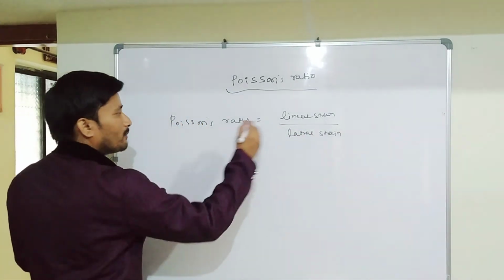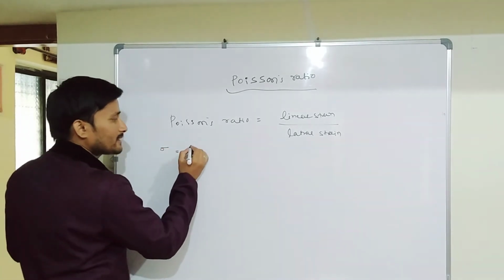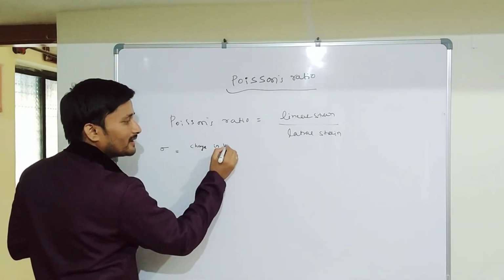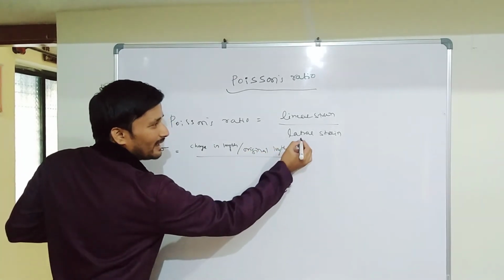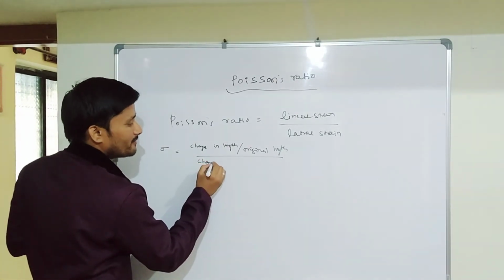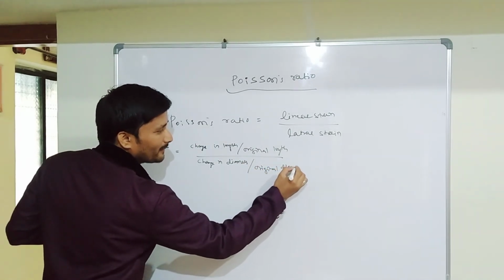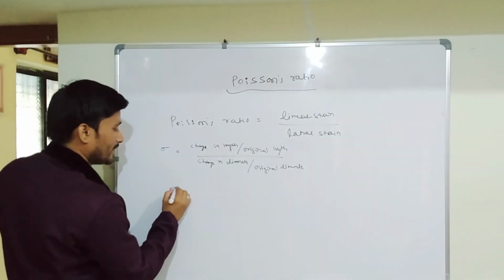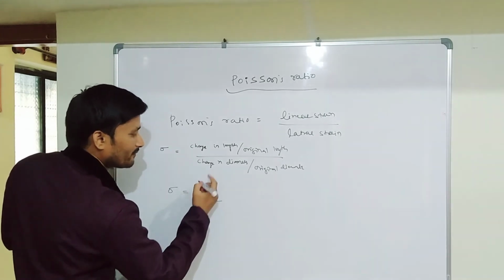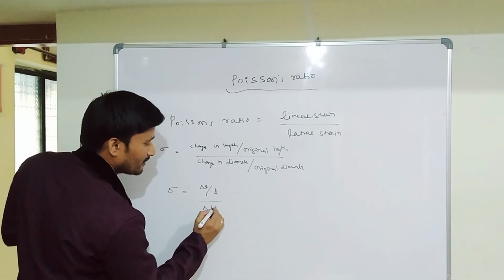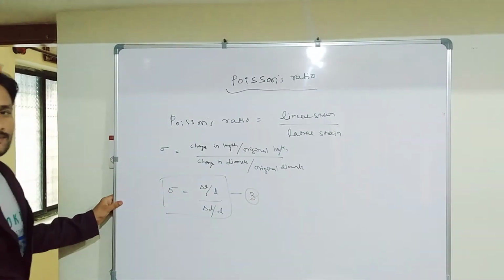Okay, so the symbol of Poisson's ratio is sigma, equal to linear strain, which is change in length to its original length, divided by lateral strain, which is change in diameter to its original diameter. So if you write it in equation form, sigma is equal to delta L by L divided by delta D by small d. This is equation number 3. Clear?